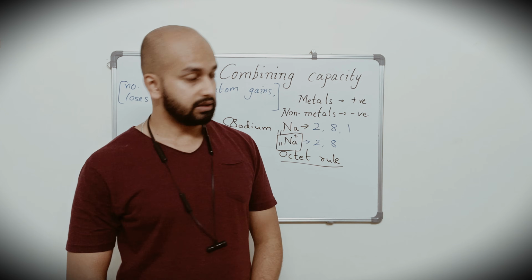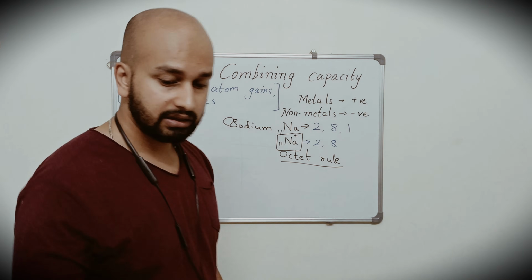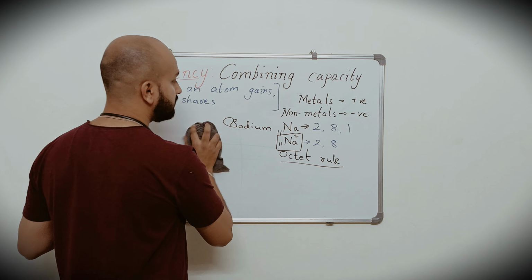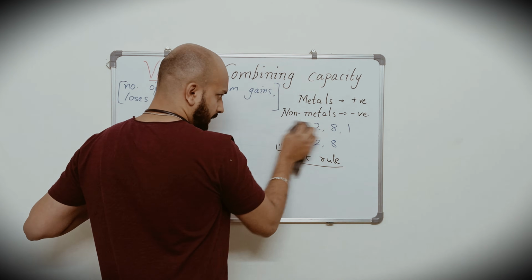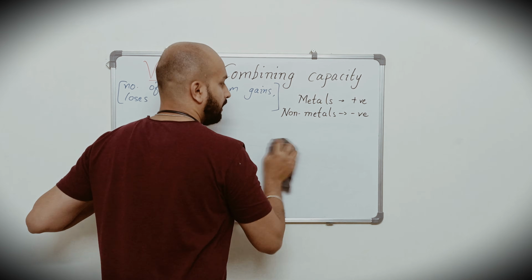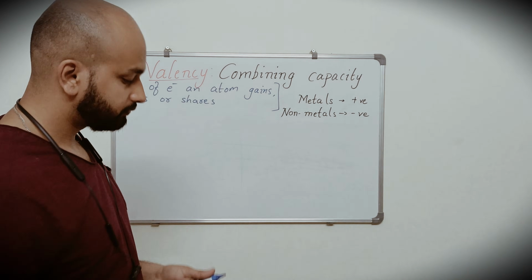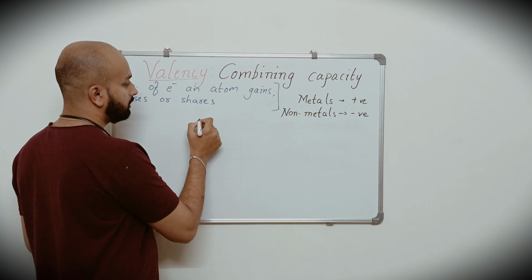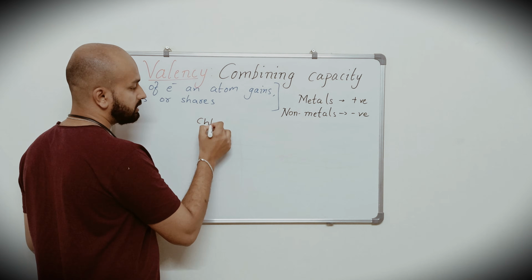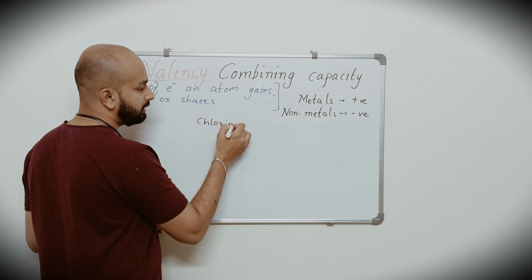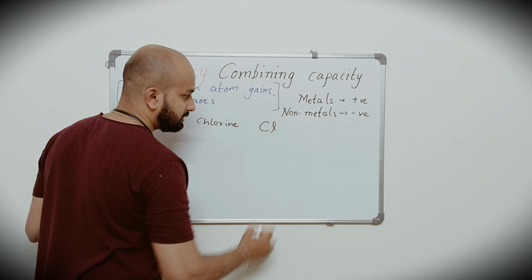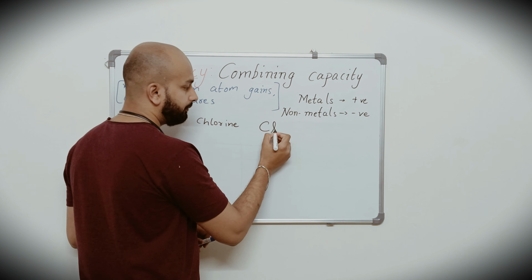Okay. Similarly, let us take another example and understand non-metals. So let us talk about a non-metal like chlorine, C-H-L-O-R-I-N-E, whose symbol is capital C and small l.